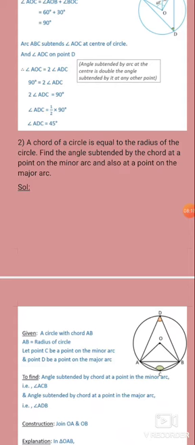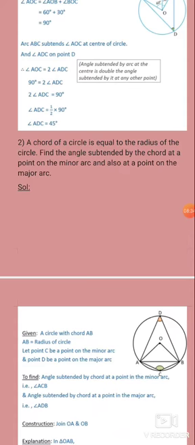Let the point C be the point on the minor arc and the point D be the point on the major arc. What we need to find out is the angle subtended by the chord at the point on the minor arc, angle ACB, and also at the major arc, angle ADB. Those two angles we need to find out.